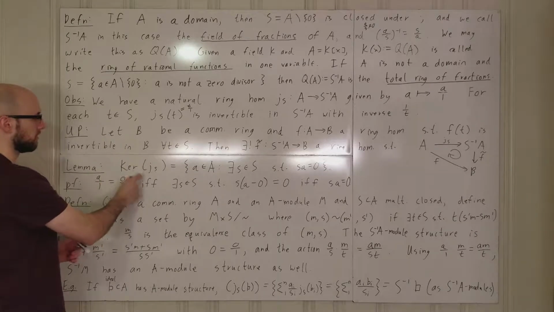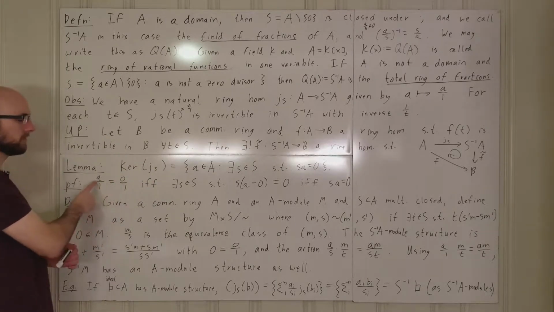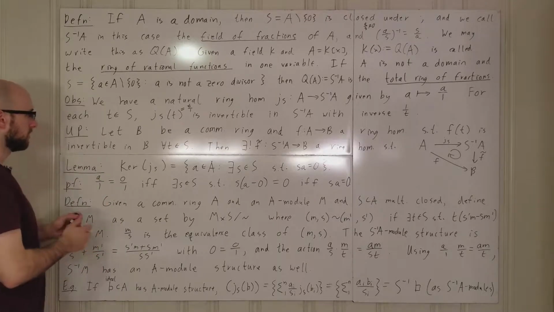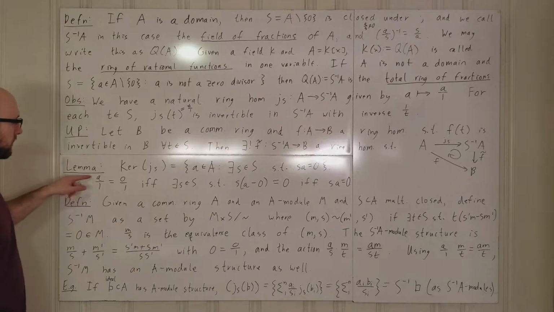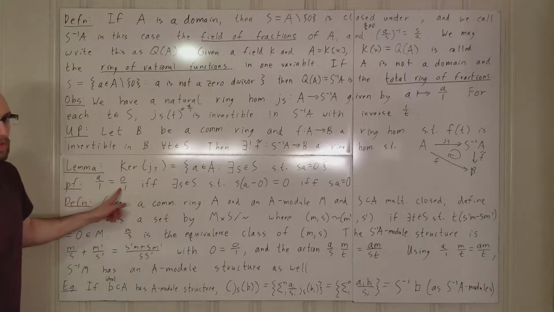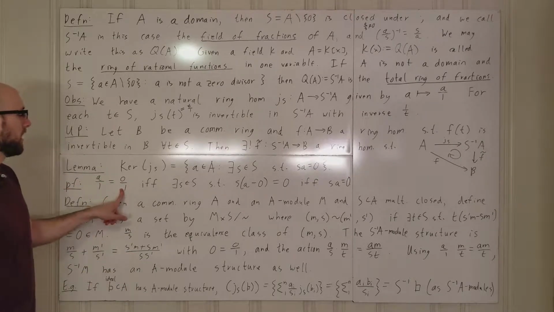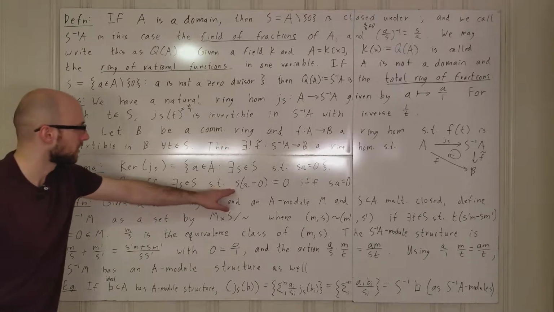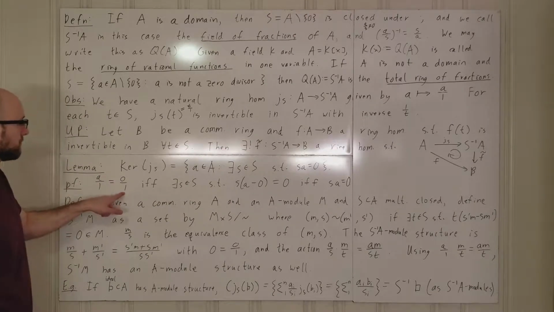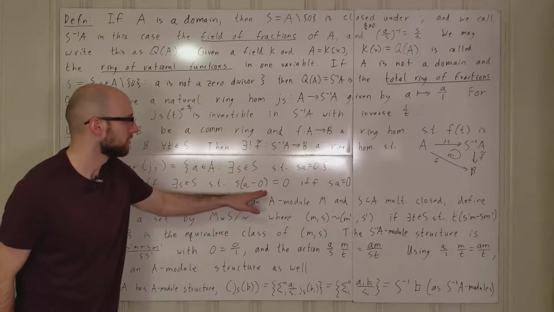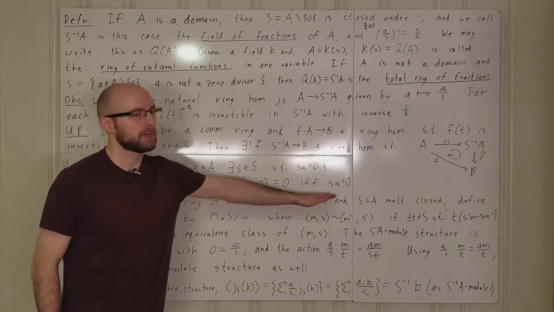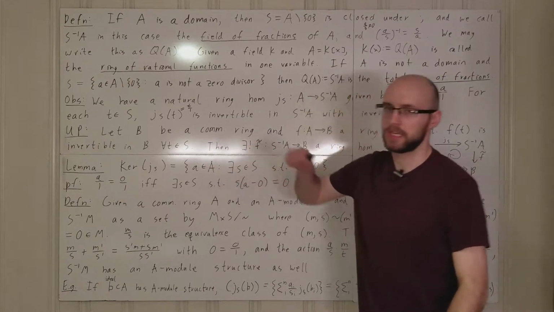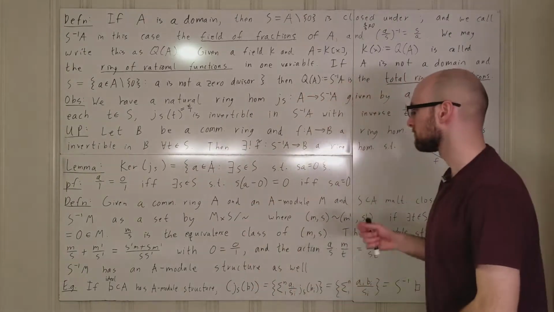A is in the kernel of JS if and only if JS of A equals 0, if and only if A over 1 equals 0 over 1 in S inverse A. And this is equivalent to there existing some S such that S times (A times 1 minus 0 times 1) equals 0. So A minus 0 is 0. That's if and only if S times A equals 0, if and only if A belongs to this set. And therefore these two sets are equal.